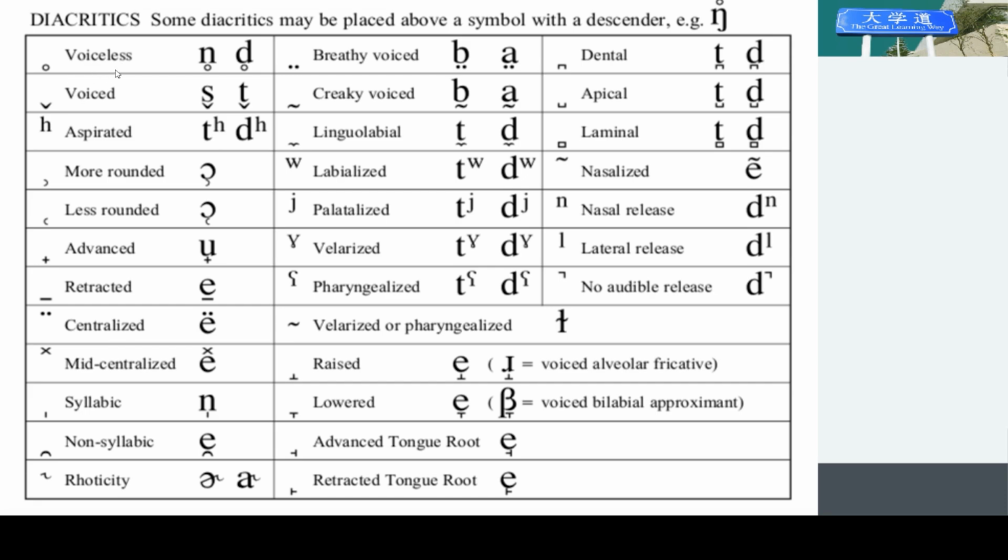For example, usually we produce b or d as a voiced consonant, but sometimes it can also be produced as voiceless. If you want to show a voiceless manner of pronunciation of a typical voiced consonant, how to express that? Write a small circle beneath.